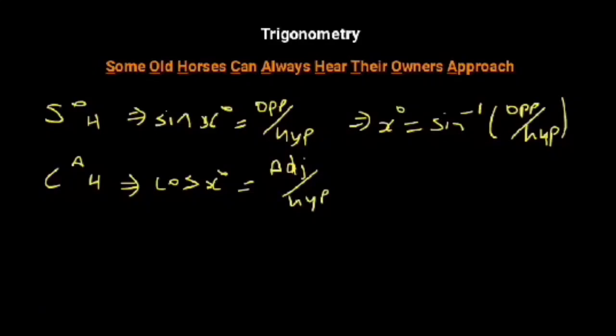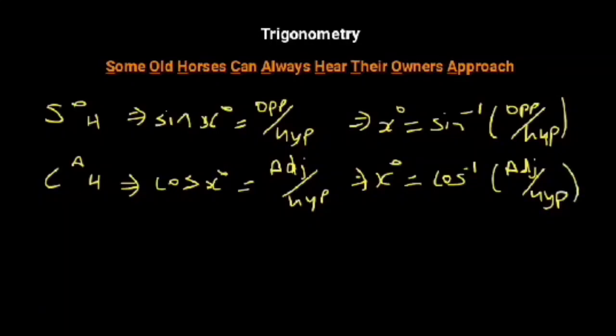And if we're trying to find the degree x, then x degrees is equal to cos inverse, so that's cos to the power of -1, adjacent divided by hypotenuse.